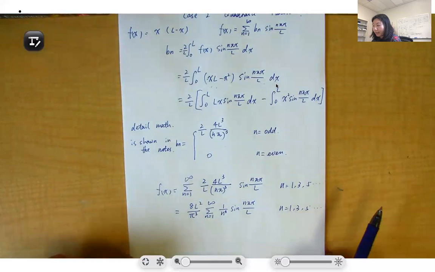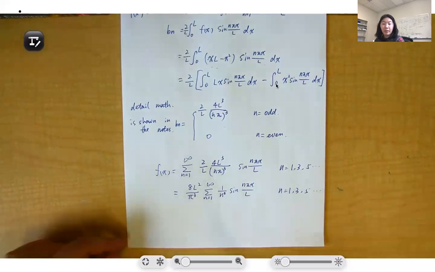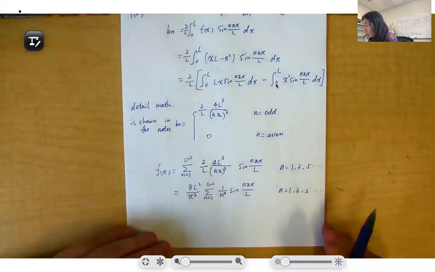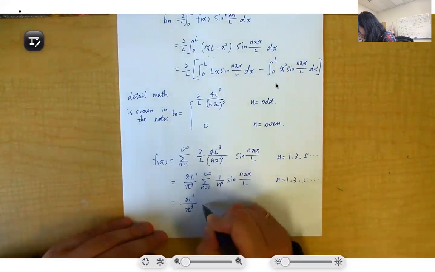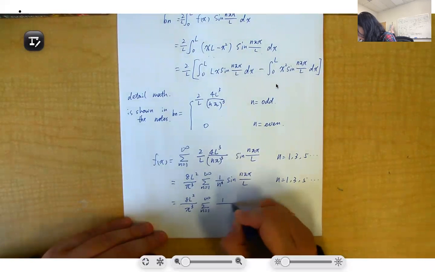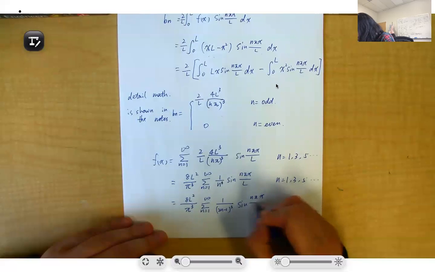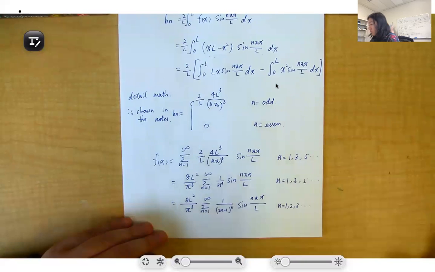You can write it in this way. If you want to write n as a general integer, whether odd or even, you can rewrite this equation as 8L squared divided by pi cubed, the sum from n equals 1 to infinity of 1 over (2n minus 1) cubed times sine((2n minus 1) pi x over L), where n equals 1, 2, 3 until infinity.